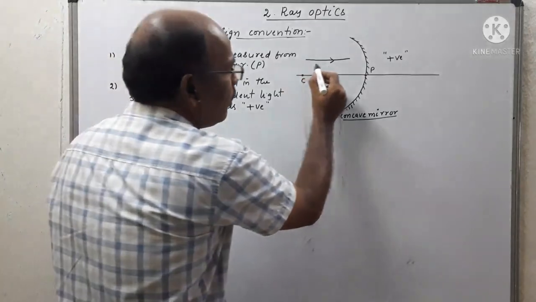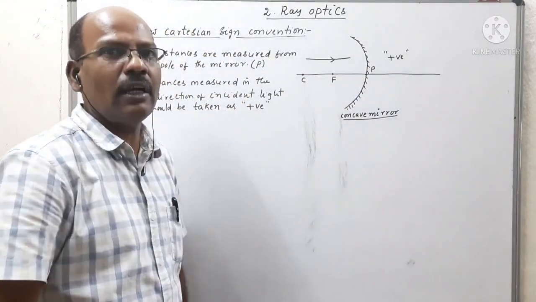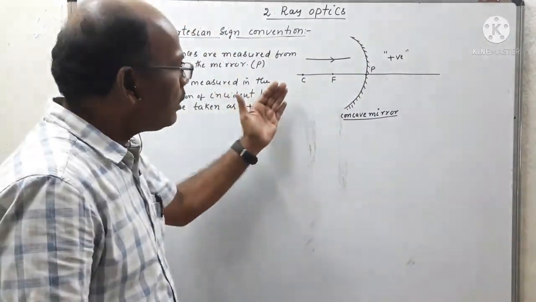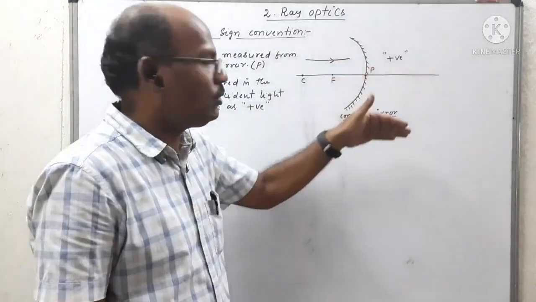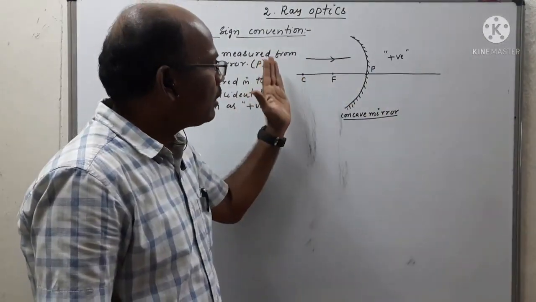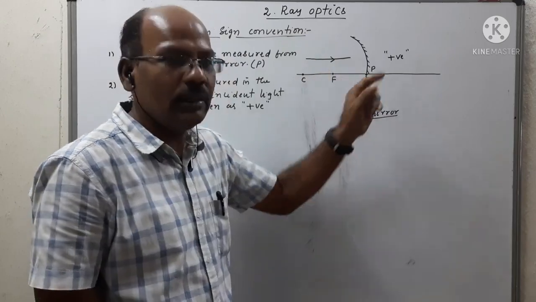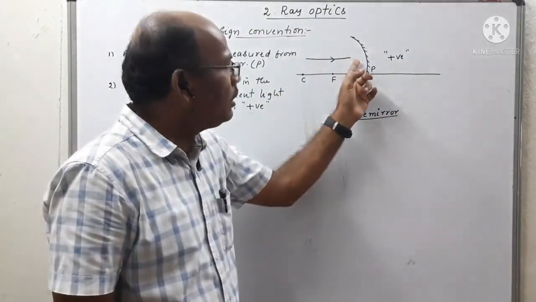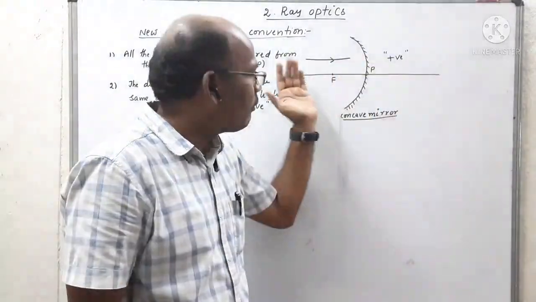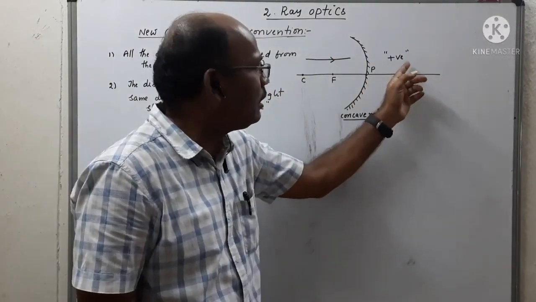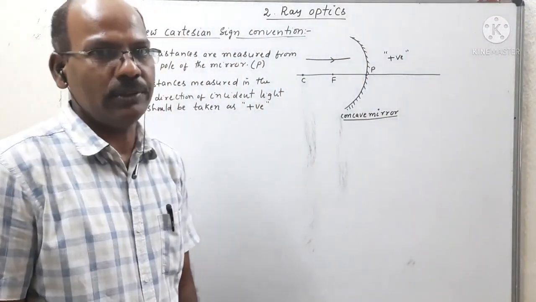So while we are moving from left to right in the direction of incident light, all the distances are measured positive if and only if the distances are taken in the direction of the incident light. This is the direction of incident light. We are measuring the distance in the same direction, so that is taken as positive.